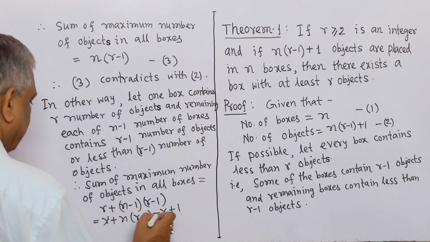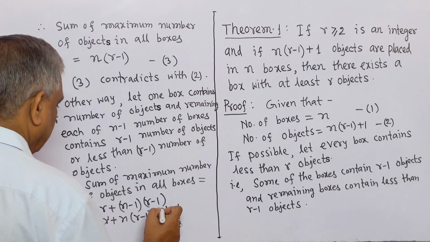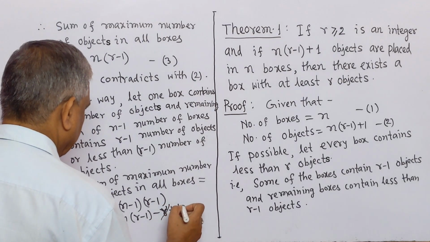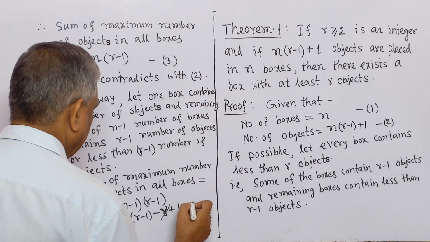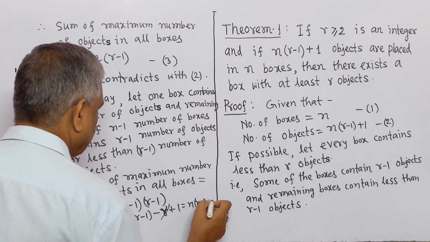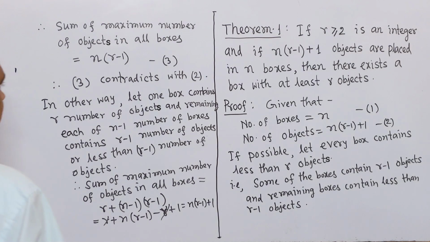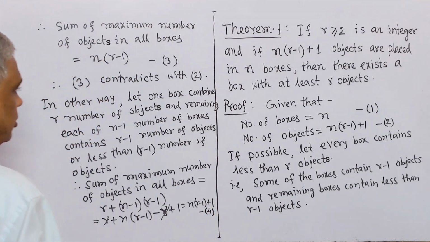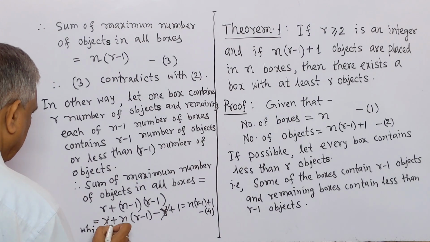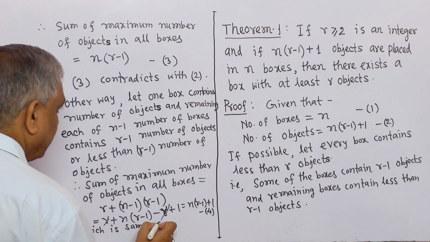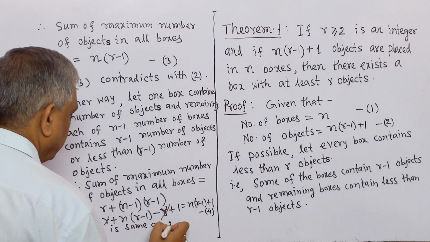This r cancels, and this is equal to n multiply (r minus 1) plus 1. This is number 4, which is same as number 2.